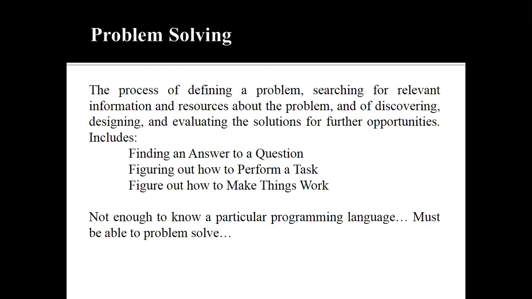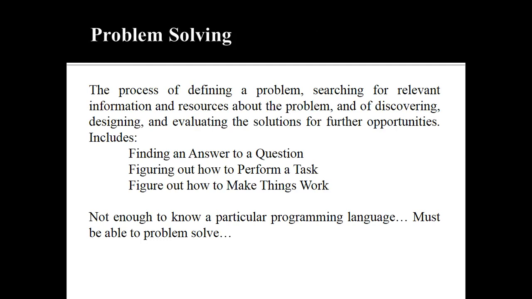So the most important concept here is problem solving. Which expertise do we have in our brain to solve a specific problem? We have to break the problem, understand the problem, and then solve the problem. It is the process of defining a problem and searching for relevant information.